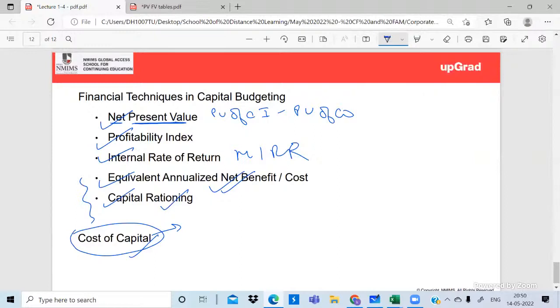Anyone who can tell me what do you mean by rationing, or let's say you go to a ration shop. What is a ration shop? What do they do? What is their intention? Why does the government create all these ration shops? Yep, anyone?